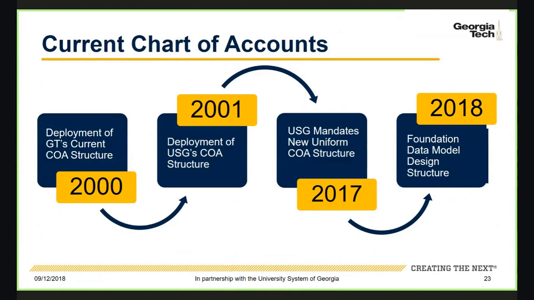We're doing this by designing an FDM that aligns with the USG structure. Over the past 10 months, we have designed a new accounting structure to take the place of our current chart of accounts. Workday calls this structure the foundation data model.